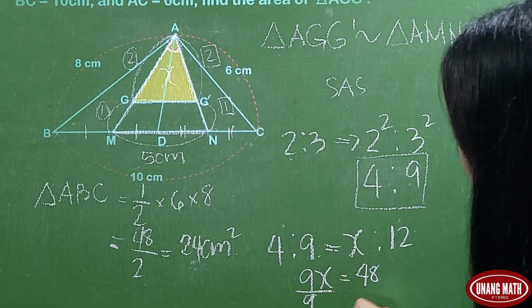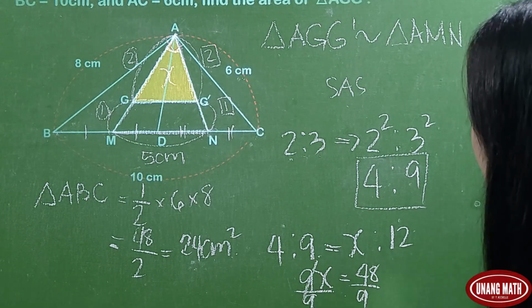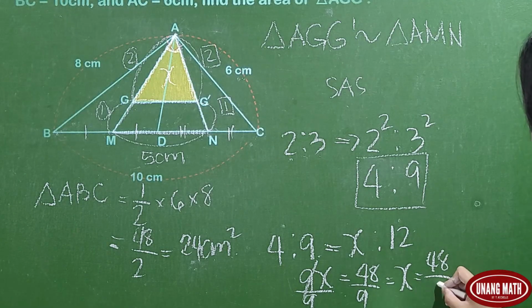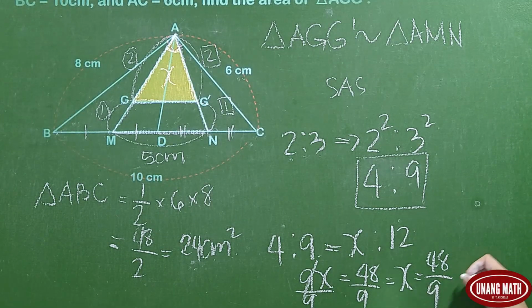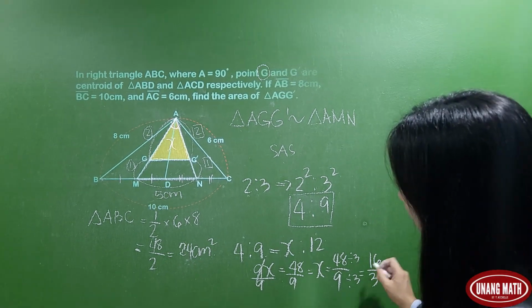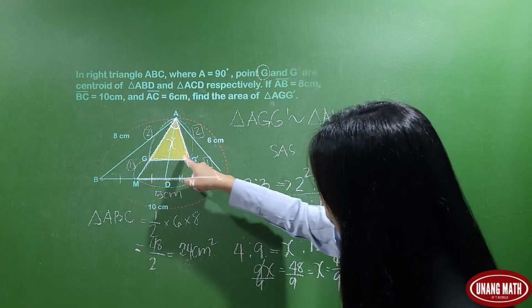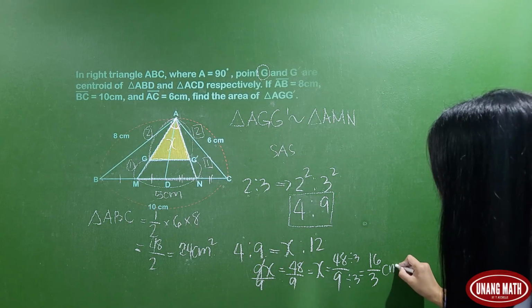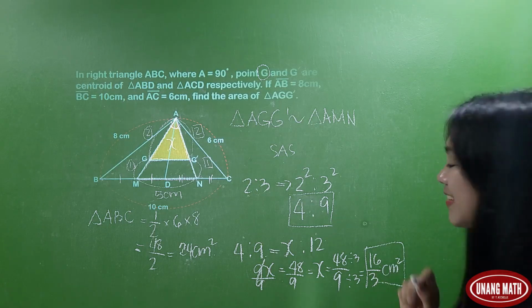If we divide both sides by 9, then x is equal to 48 over 9. If we simplify, dividing by 3, this is now 16 over 3. So the area of triangle AGG prime would be 16 over 3 square centimeters.